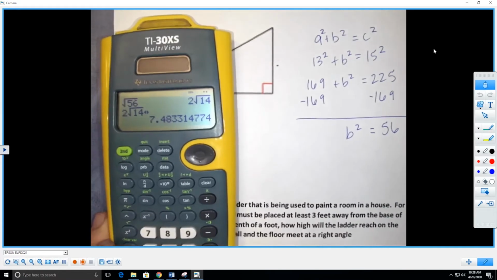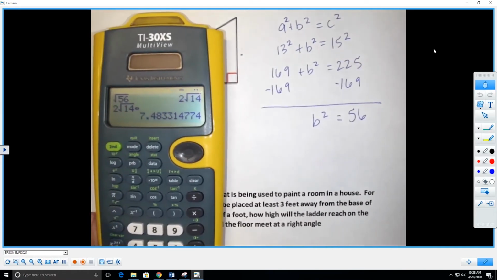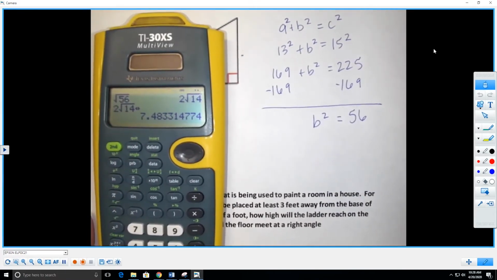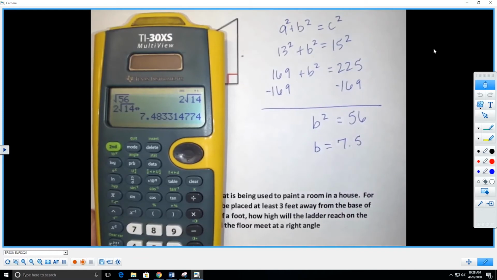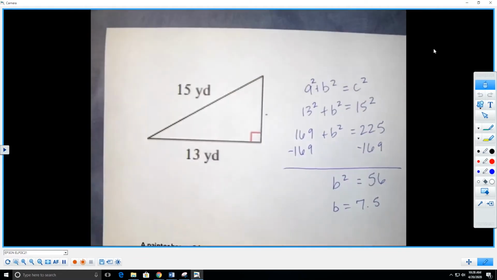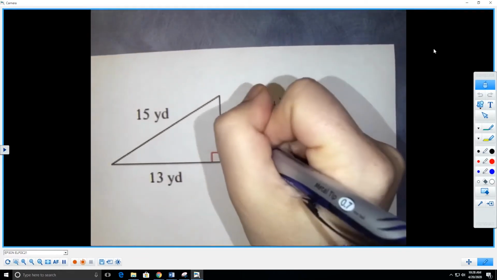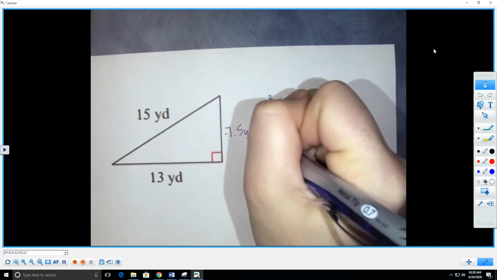And here's our number. Now, what would our answer be rounded to the nearest tenth? Good. It would be 7.5. So the missing side length rounded to the nearest tenth is 7.5 yards.